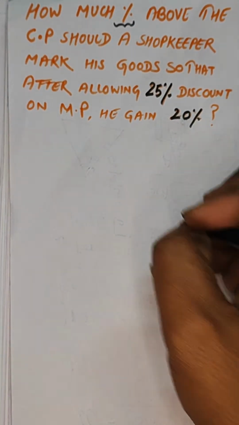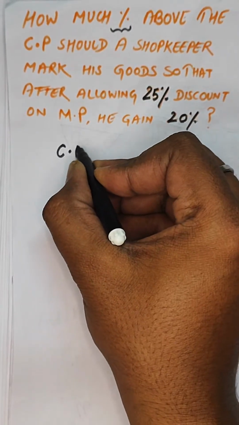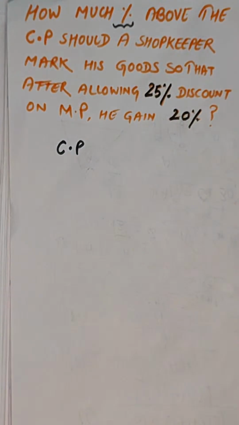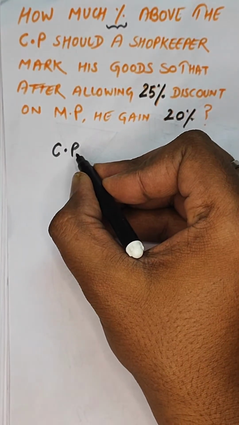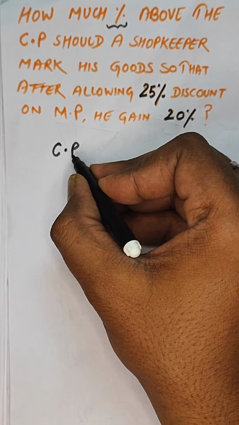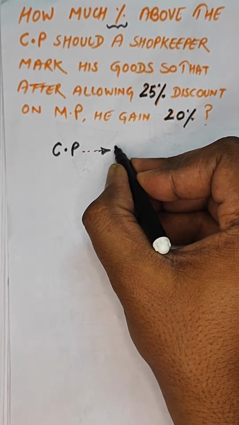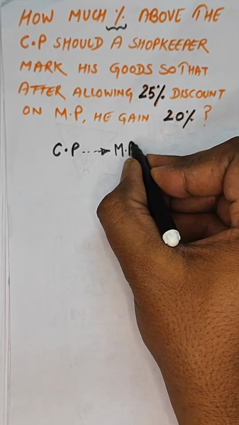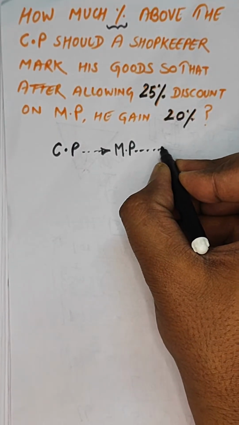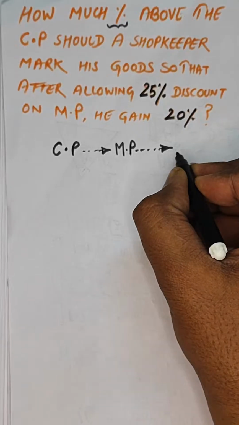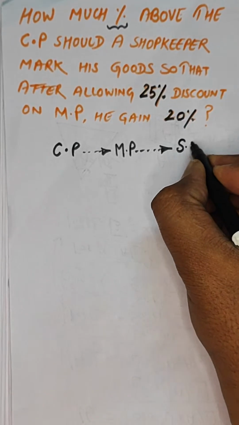So what is the main concept that we need to understand in solving such a question? There are three parts. First is the cost price, on which the shopkeeper buys the material from the wholesale market. After that, he puts some sticker onto the goods, that is called the mark price. And after that, he sells that item to the customer in retail, and that is called the sale price.